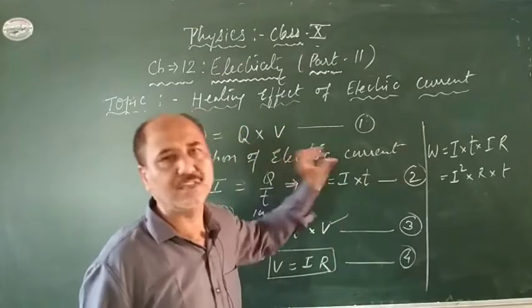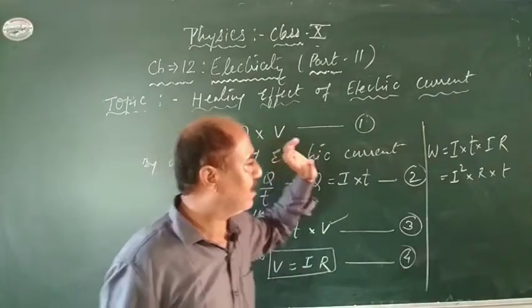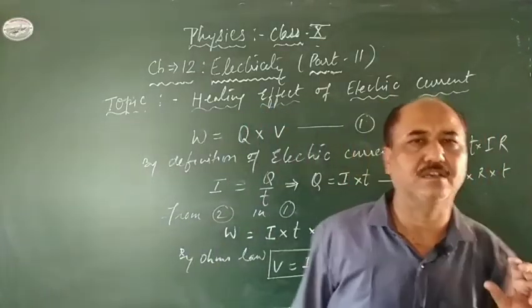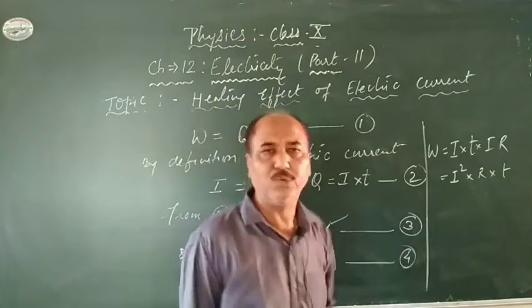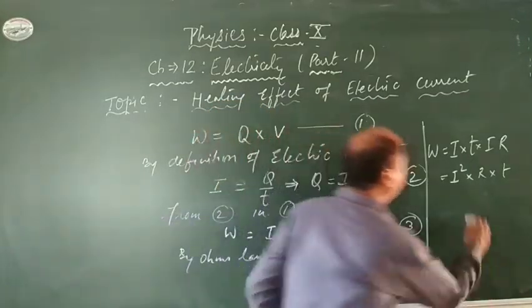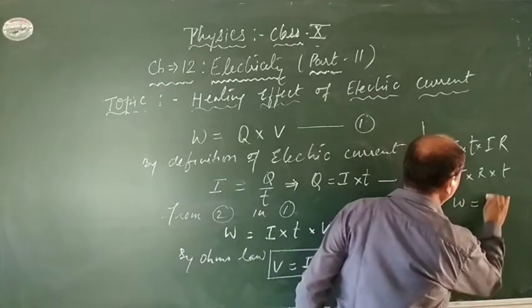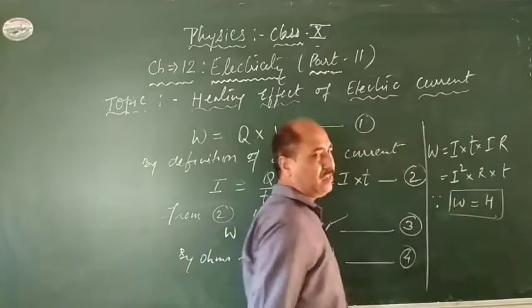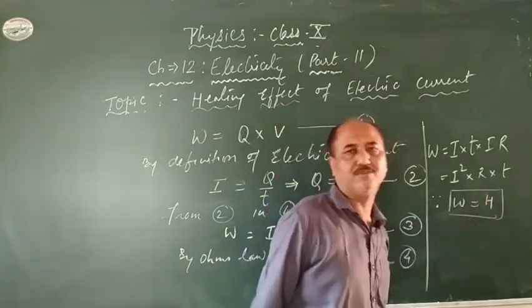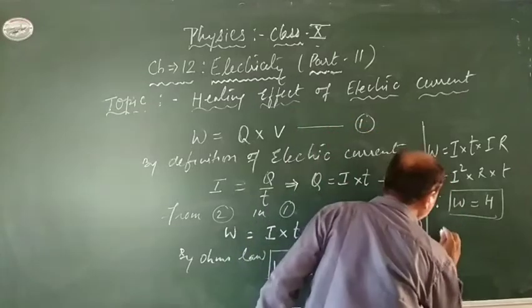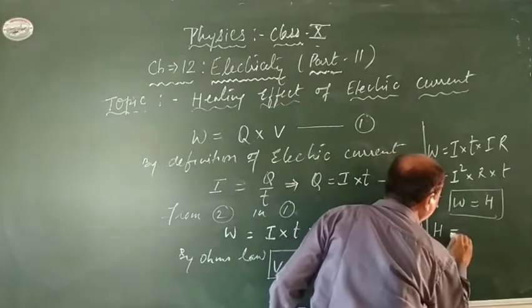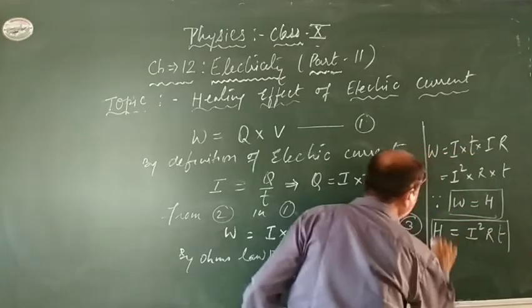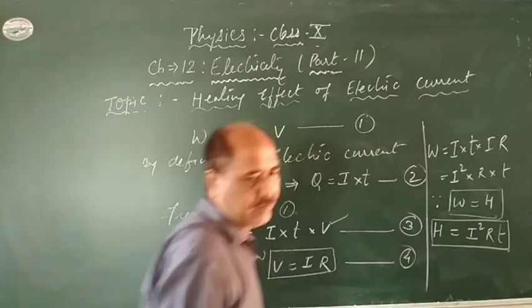Here the work done is the electrical energy passing across a high resistance conductor, which is completely converted into heat, and that is why W will be replaced by H. So the final expression is H equals I square RT, a small expression for the heating effect of electric current.